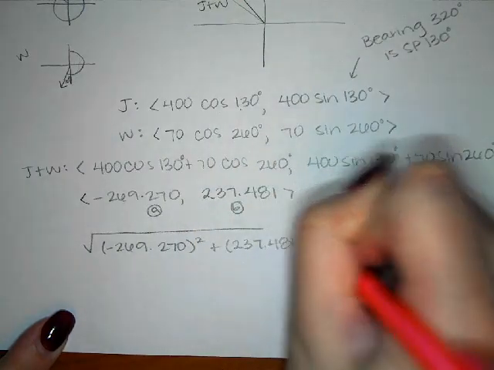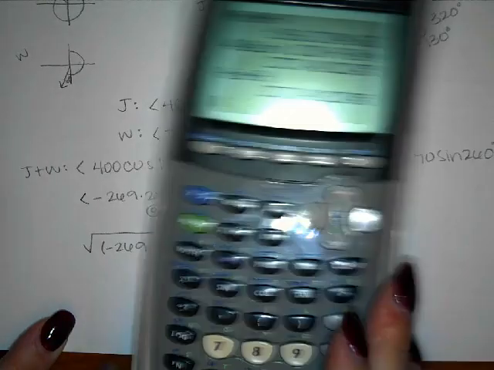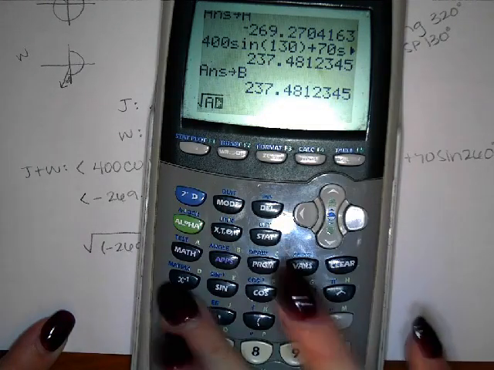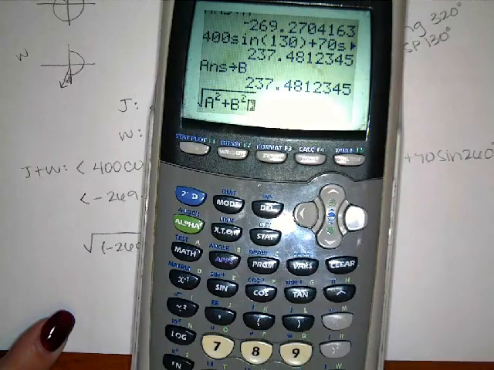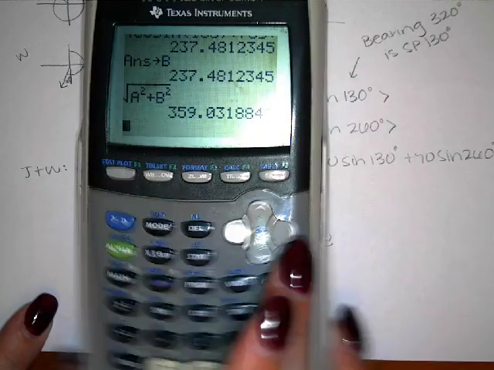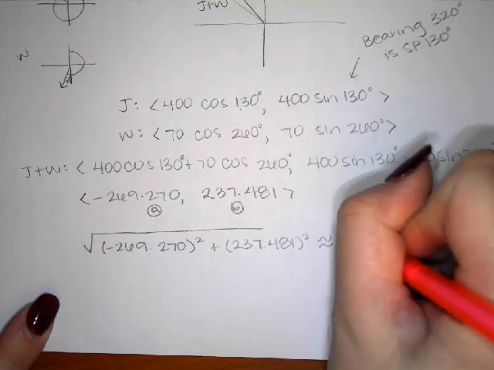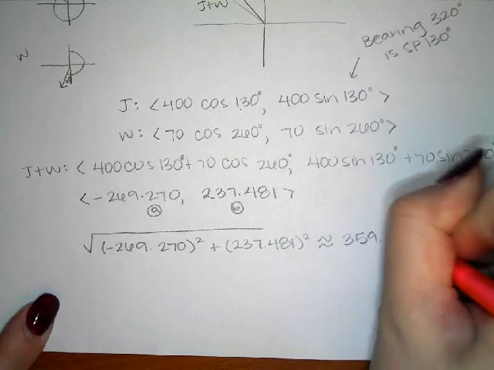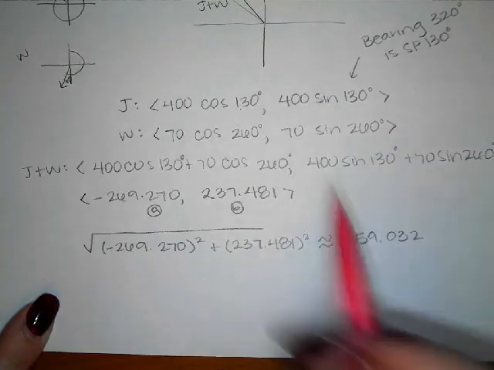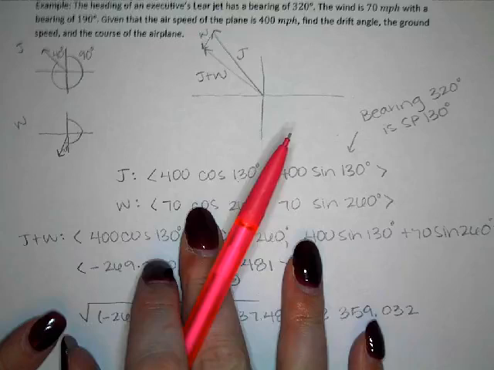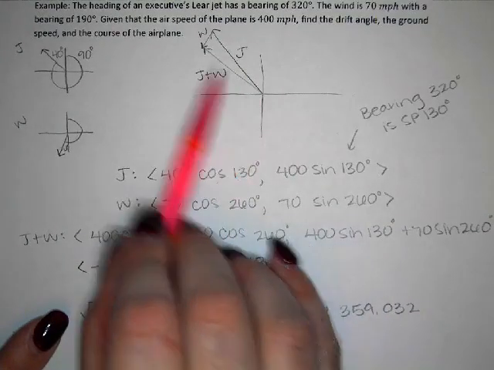So the magnitude of the resultant, the magnitude of what I just found, is the ground speed of the jet as the wind is acting on it. So this is the ground speed. Okay, and now I'm going to go ahead and find the angle.